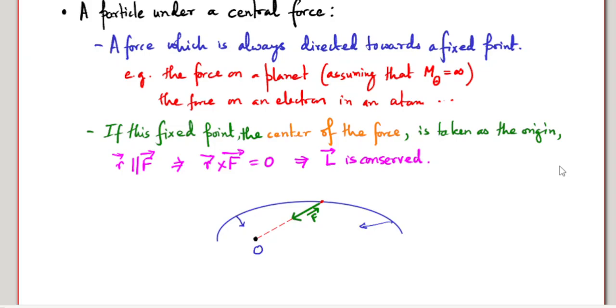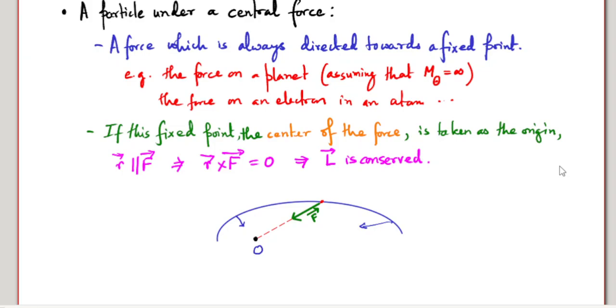Towards, if it's attracted towards the center, or it could be away if it's repulsive, or could even be a mixture of both. At some part of the trajectory, the force could be towards the center, at some other points it could be directly away from it, but always along that line joining the particle and this fixed center of force.